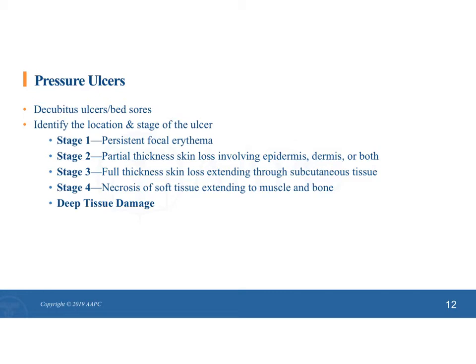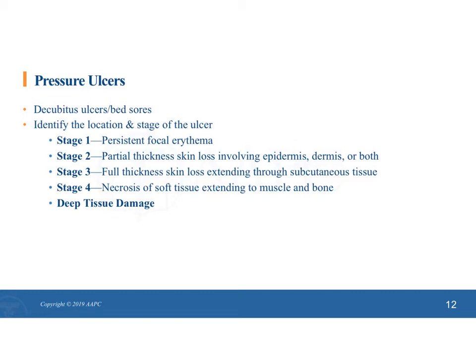Stage 1 is persistent focal erythemia. Stage 2 is partial thickness skin loss involving the epidermis, dermis, or both. Stage 3 is full thickness skin loss extending through the subcutaneous tissue. Stage 4 is necrosis of soft tissue extending to the muscle and bone.